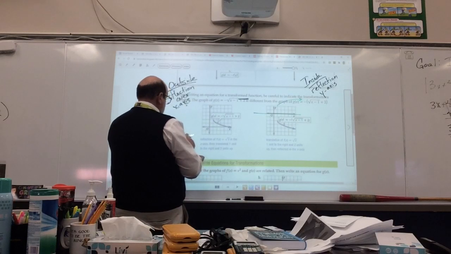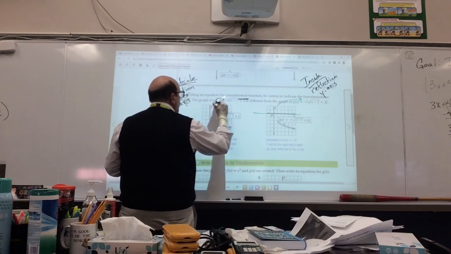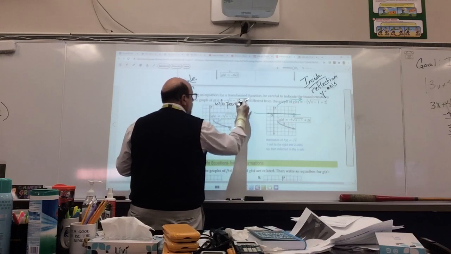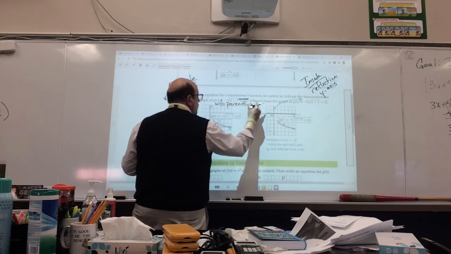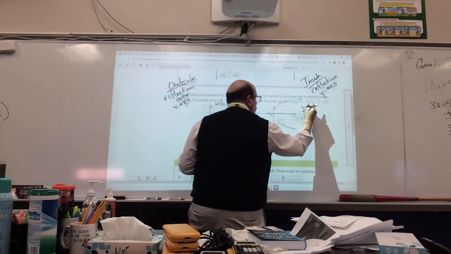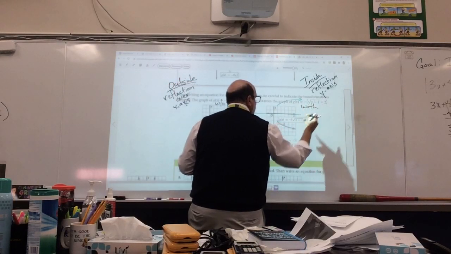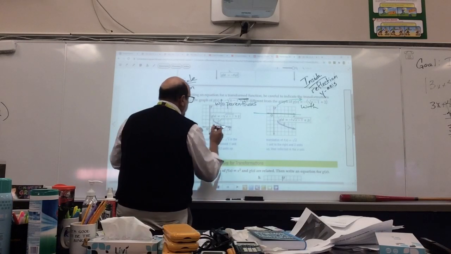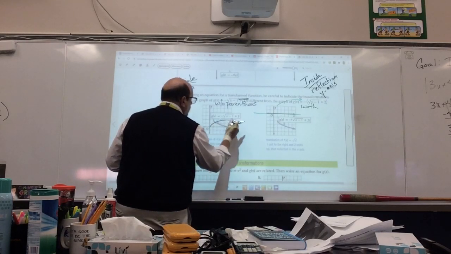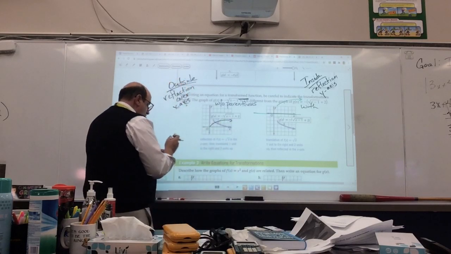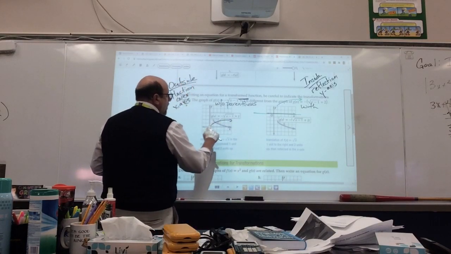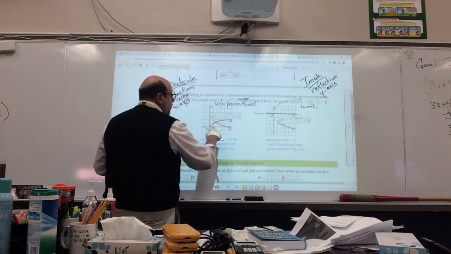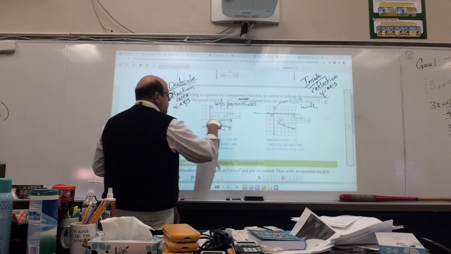So we do with parentheses, without parentheses. So this is without parentheses, and this is with. Okay, and so what we do is we know what our parent function is. Our parent function is this, right? I know I'm drawing on top of it, but we take that and we say, okay, well, first and foremost, I'm going to shift to the right one space, and I'm going to shift up 2 spaces.